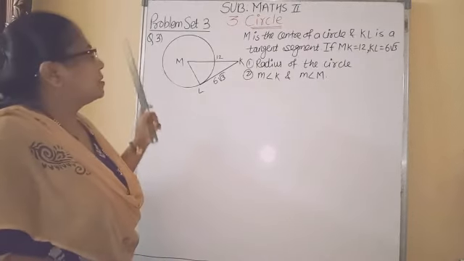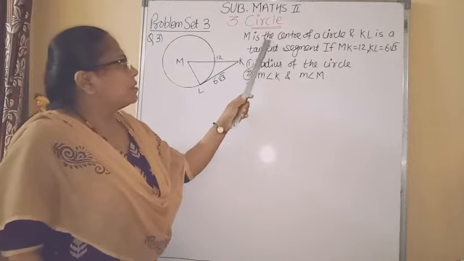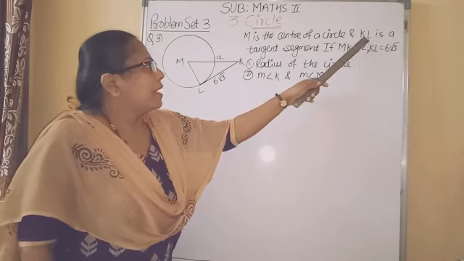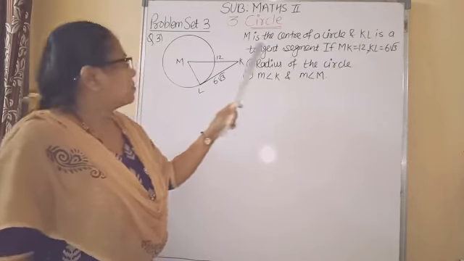Next, question number 3. M is the center of a circle and KL is a tangent segment.